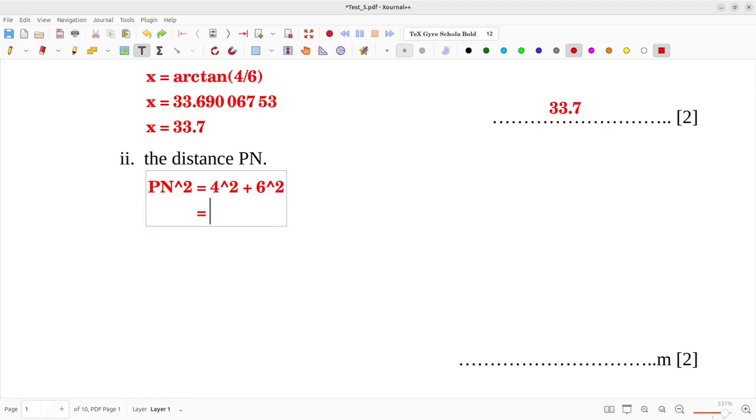Then this is equals to 16 plus 36, that's 52. Then your PN is equals to the square root of 52.